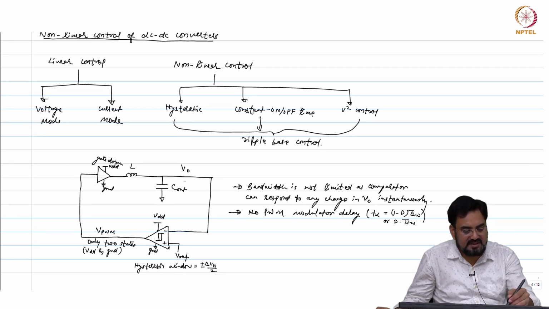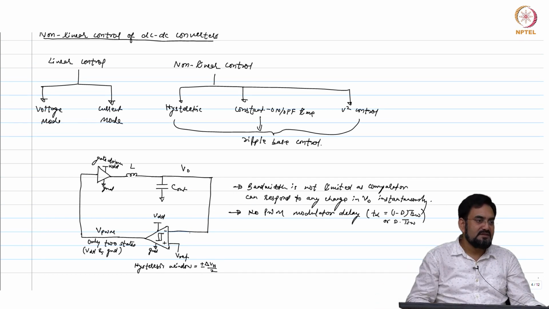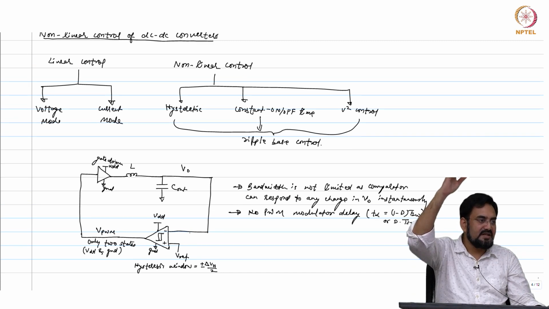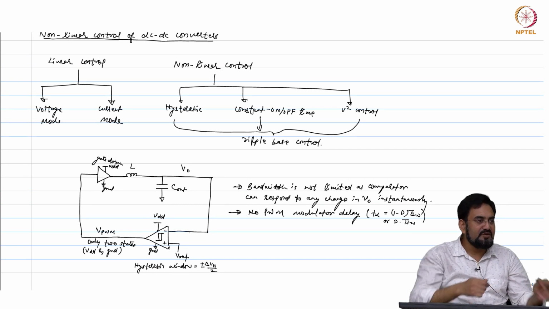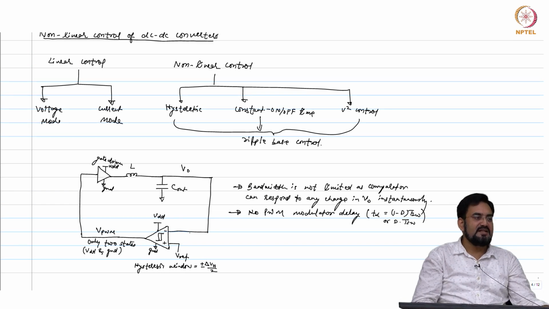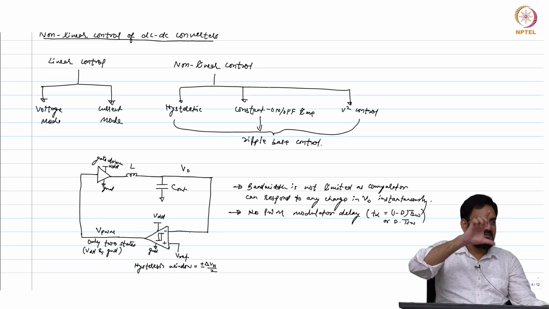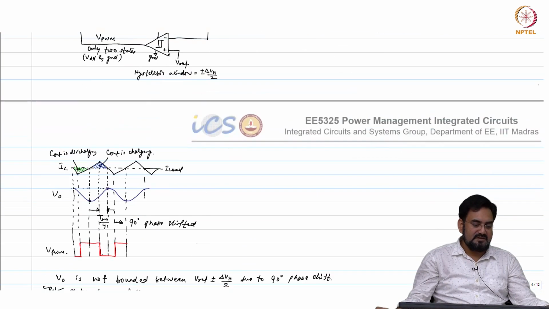When ripple reduces, the ripple seen by the comparator is less, but you are limiting the ripple to plus minus delta VH by 2. So the only way to increase that amplitude is to reduce the frequency. Same thing happens with the RESR. If you are increasing the RESR, then the ripple will increase, so the feedback has to limit it within that window. So it has to increase the switching frequency in that case.